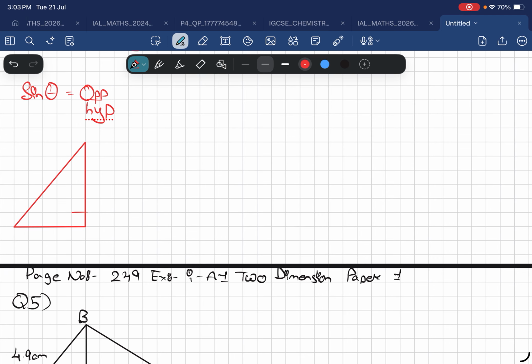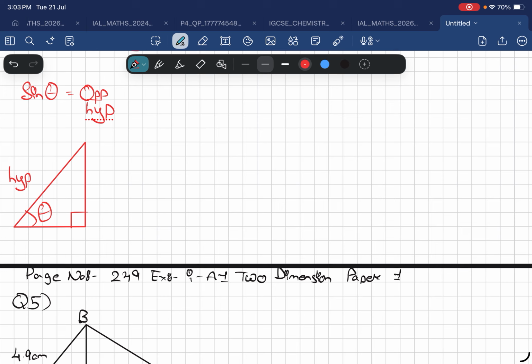The side opposite the right angle in a right angle triangle is the hypotenuse. If this is the angle, theta in this example, then the side opposite the angle is called the opposite side.